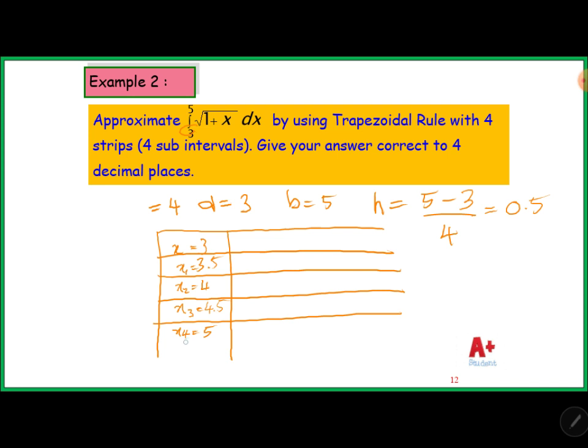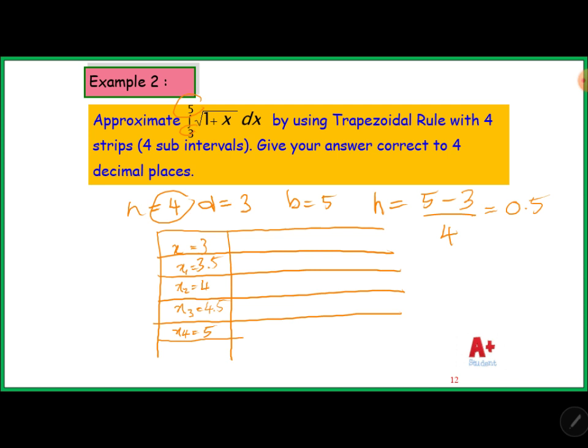So why do we stop at x4? Because n is equal to 4, and we make sure that xn is equal to the upper limit of the integration, which is 5, so it's correct.